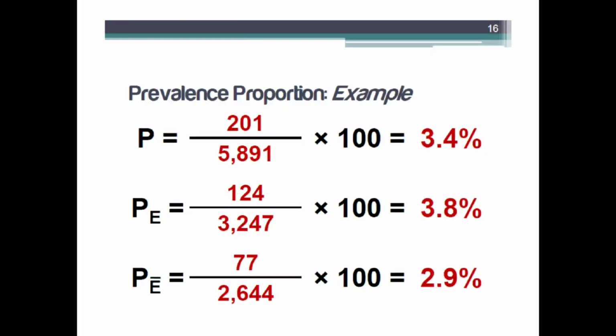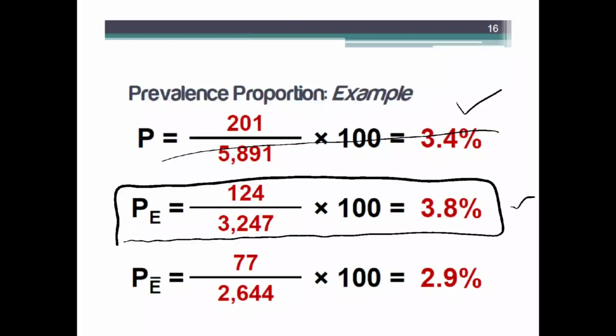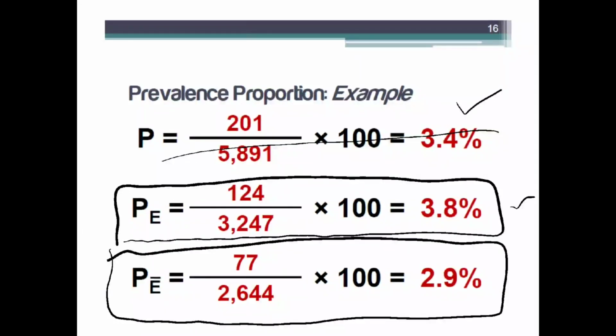Ayun. So, tama. So, this is your midterm topic, no? Ito naman, prevalence among exposed, times 100, 3.8. And then, this is your prevalence among unexposed. Now, sir, paano naman natin ko-compute yung prevalence ratio?